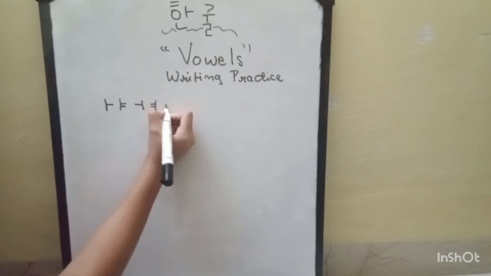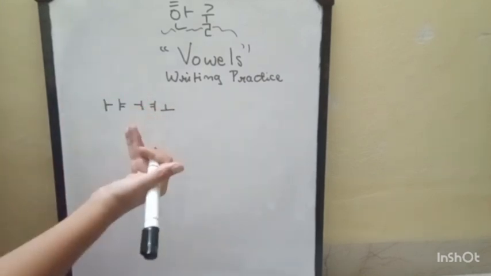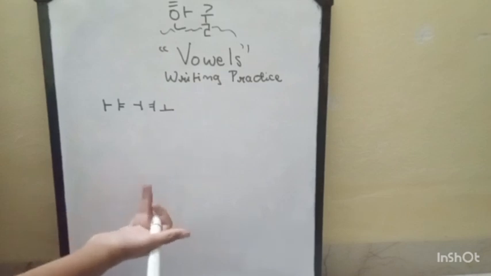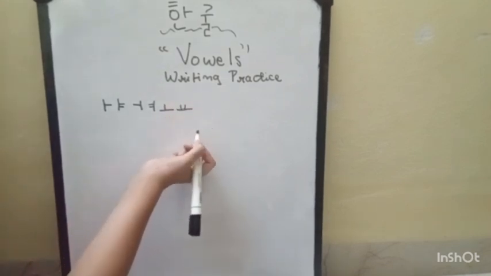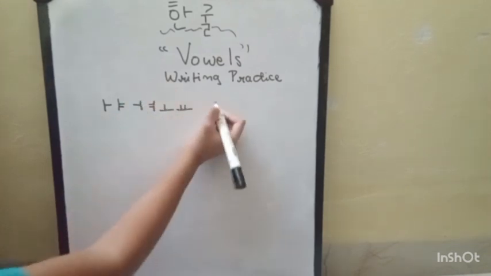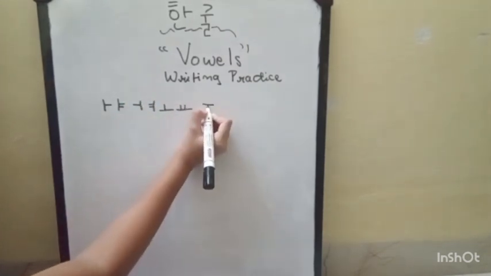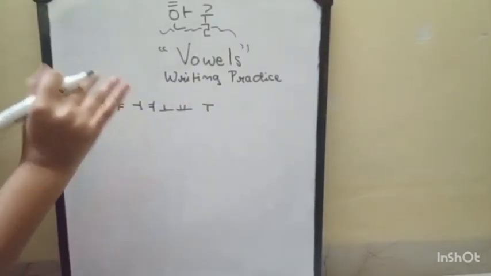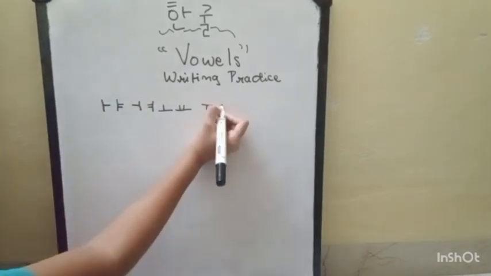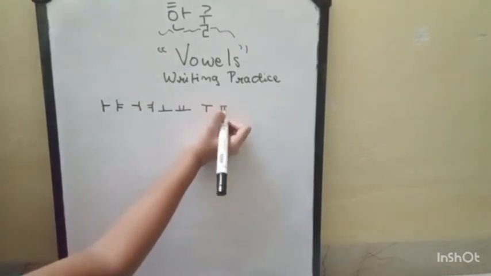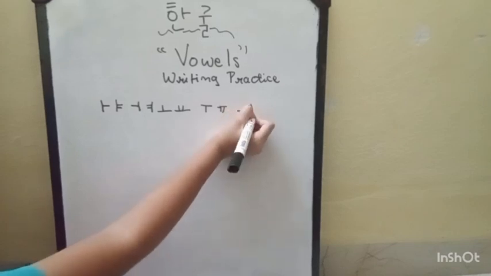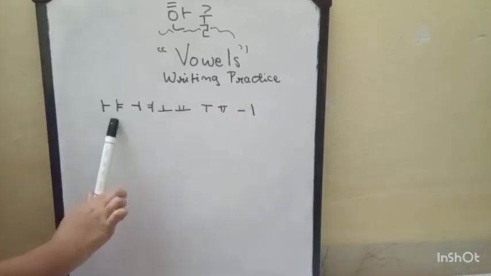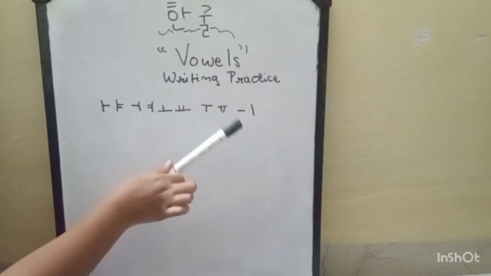Then o is like this and this line that has another line in the middle of it. And just to make it sound here, we will put another line. Now this is a line with another line on the bottom side. And u is just the simple version of it with another line. And e is just a straight line. Aya, oya, oya, uyu, e.